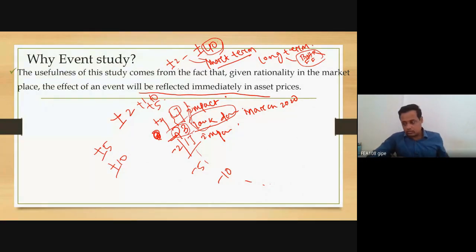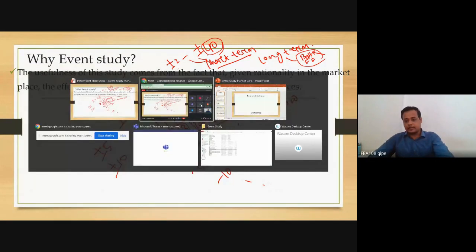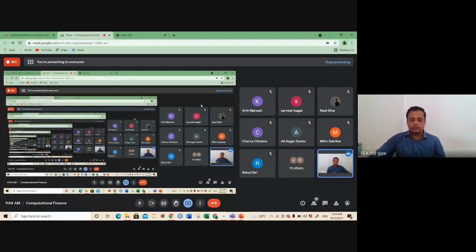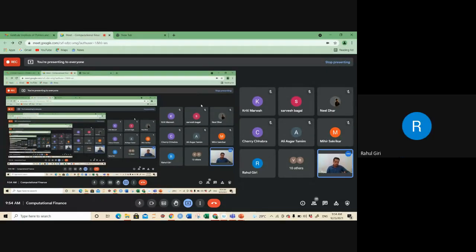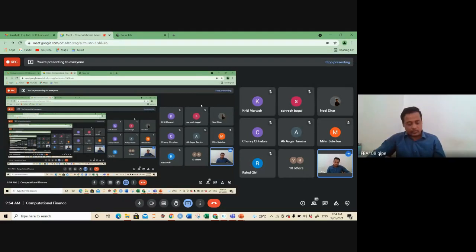So what we are getting over here is, whenever any event happened, suppose you think, are you now concerned about lockdown? Are you remembering the lockdown? Or are you getting disturbed with demonetization now? No, sir. Are you getting disturbed with the Yes Bank now?